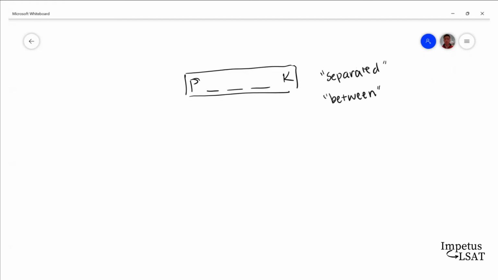Now, if you see either of these 2 keywords, I want you to keep in mind that these translate into in the middle. Okay, so if I see this, that actually translates to the number of spaces in the middle of the 2 entities. Okay, so if we go back to the G and P rule, right?